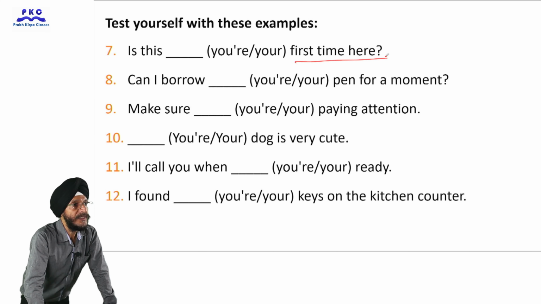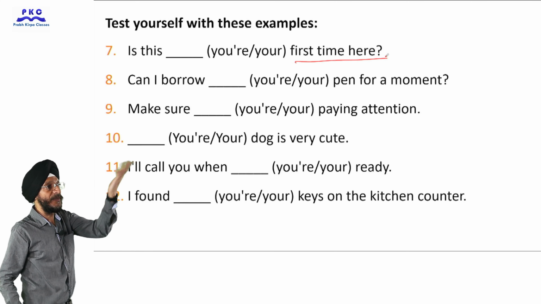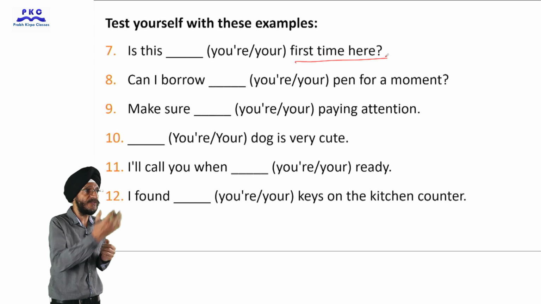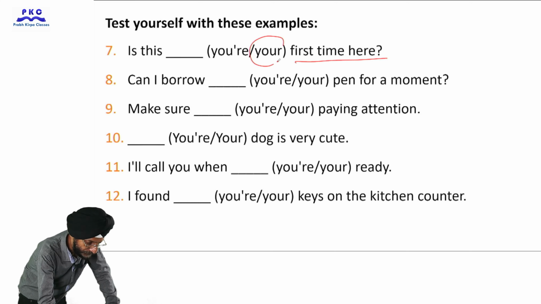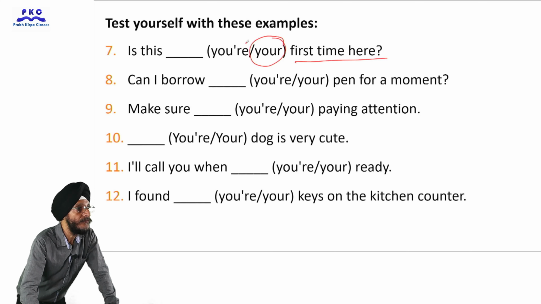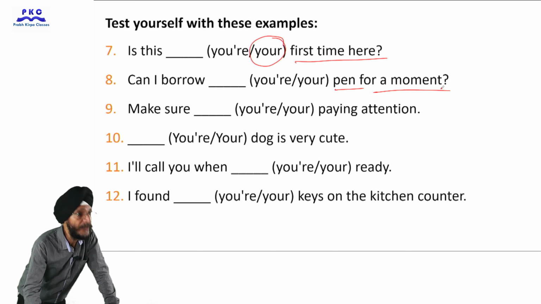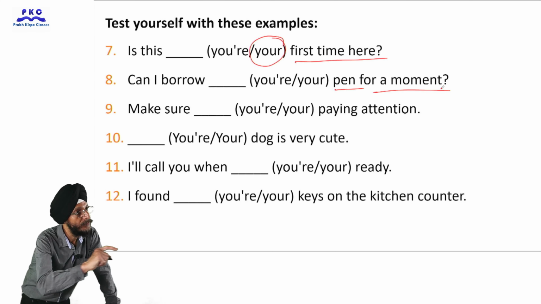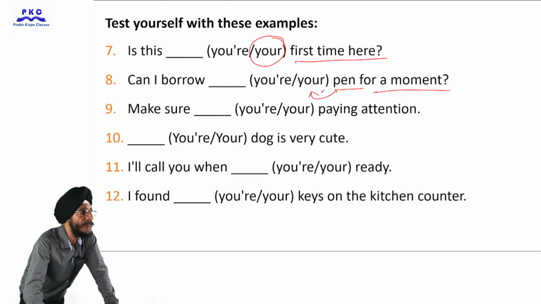Next, is this dash first time here? Now here the mention of first time has been made with respect to you. You go to some hill station and someone asks you, is this your first time here? Your. Can I borrow dash pen for a moment? Pen belongs to you, your possession or ownership.